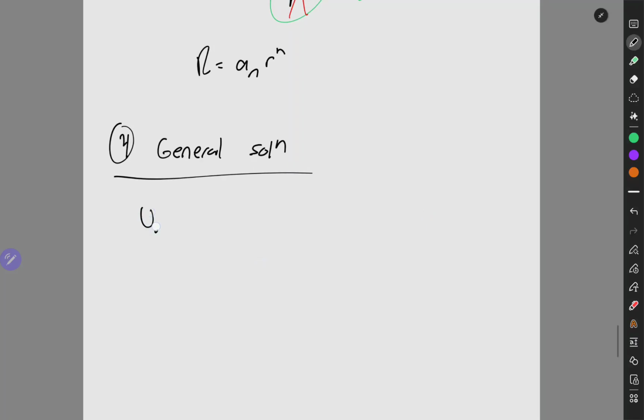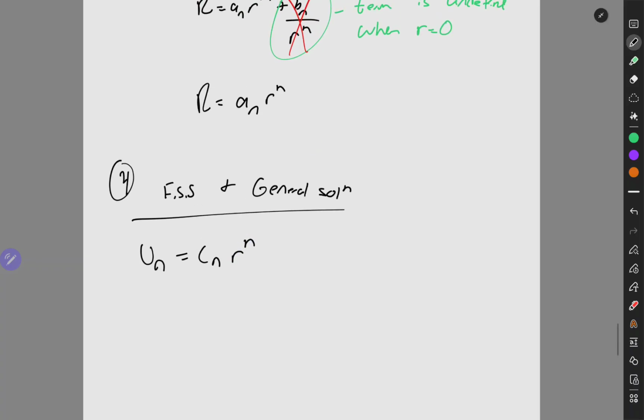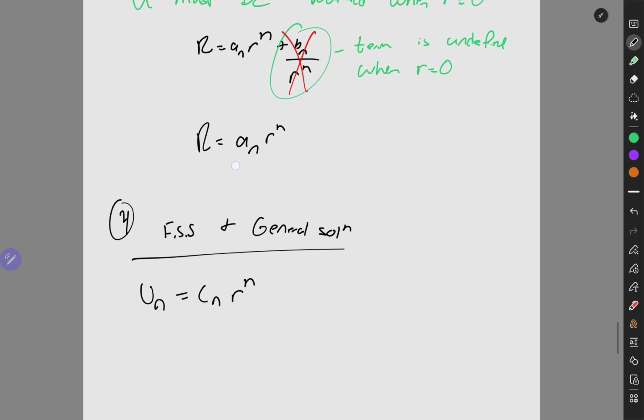So for the general solution, I'll write it out really quick. It's only one step. Remember, we can find a fundamental set of solutions. It's just the multiplied versions of this.